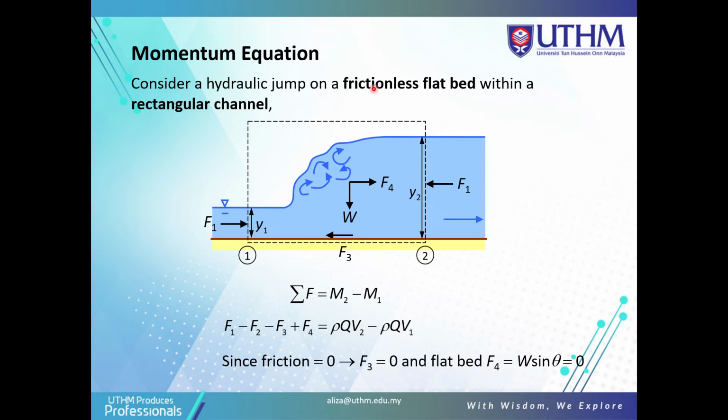Okay, so momentum equation. We use the momentum equation for the frictionless flat bed within a rectangular channel. Using the force momentum equation, based on the force at y1 here, the force at the hydraulic jump here, and y2 here, we have F1 here, F2 here.